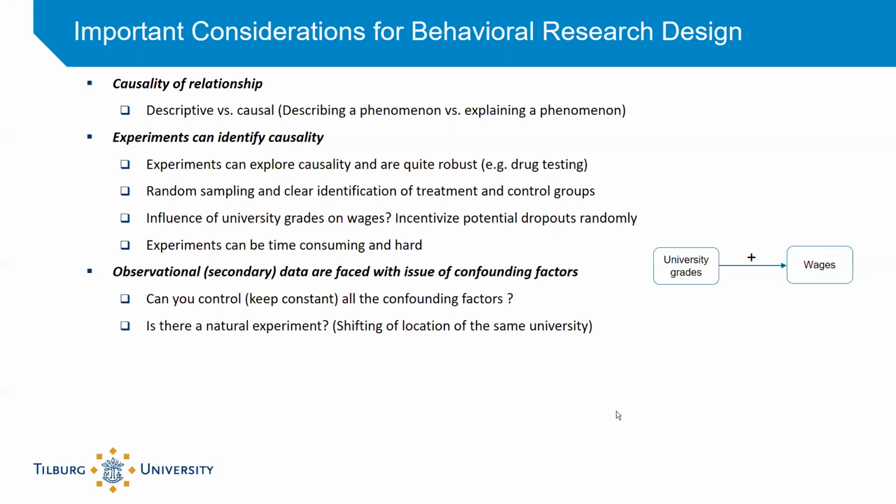And then the current wages can be figured out through certain websites like Glassdoor, or if the country has a policy of making all the income public, so you know the income of each position and so on. So you can find these proxies to estimate university grades and wages, and you can try to figure out if there is a positive relationship or not.